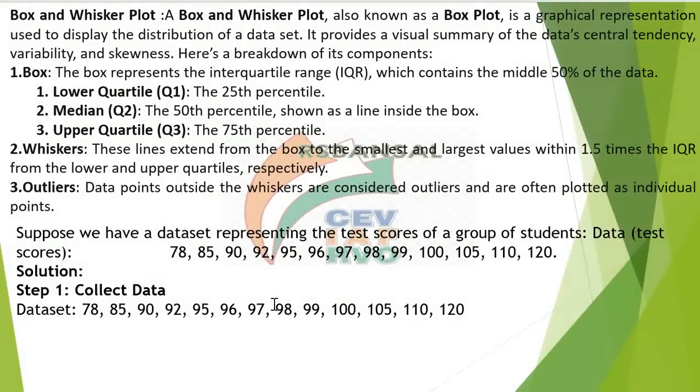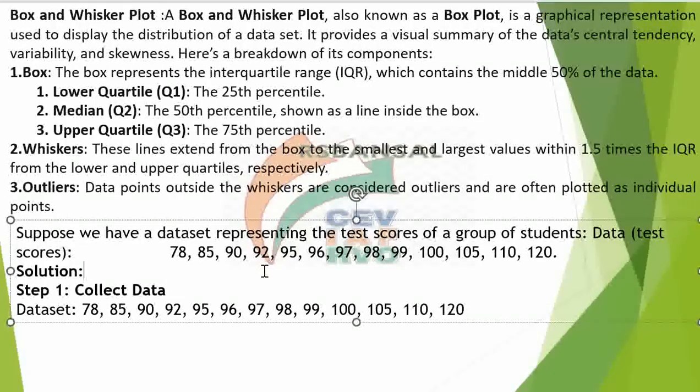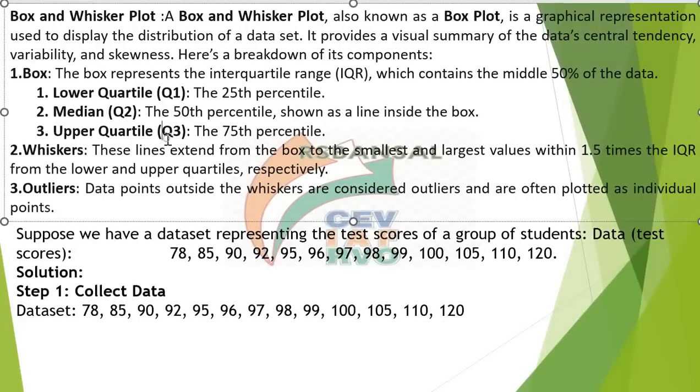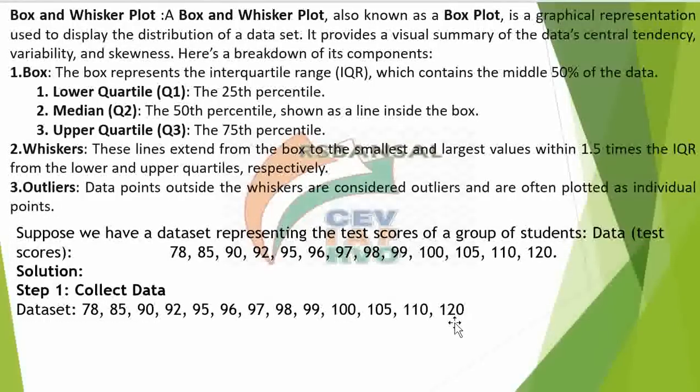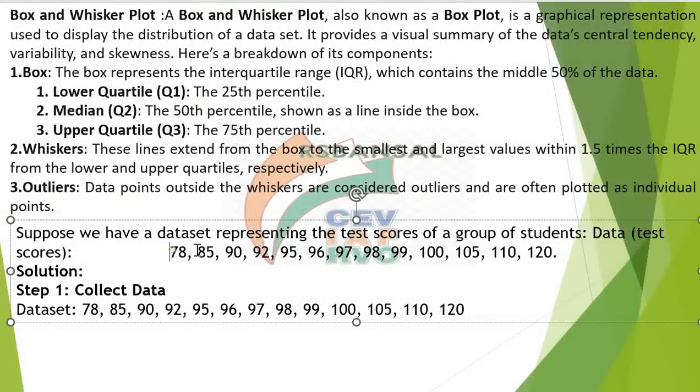So to understand lower quartile and upper quartile, what is the lower quartile? These six terms will form the lower quartile and these six terms will form the upper quartile. First you have to find the median of this quartile. See here, the number of terms: 1, 2, 3, 4, 5 and 6.